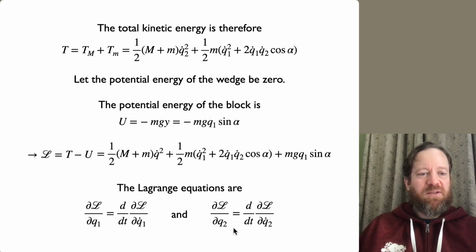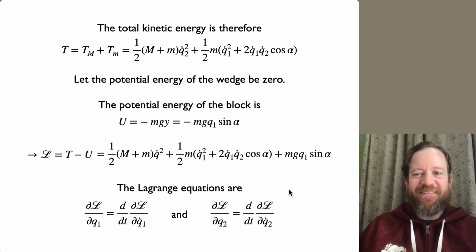And the reason why we will deal with this equation first is that if we look at our Lagrangian above, we see that there is in fact no dependence on q2. That means our left-hand side here is immediately going to go to 0, and that means this quantity here in the brackets is going to end up being a conserved quantity.